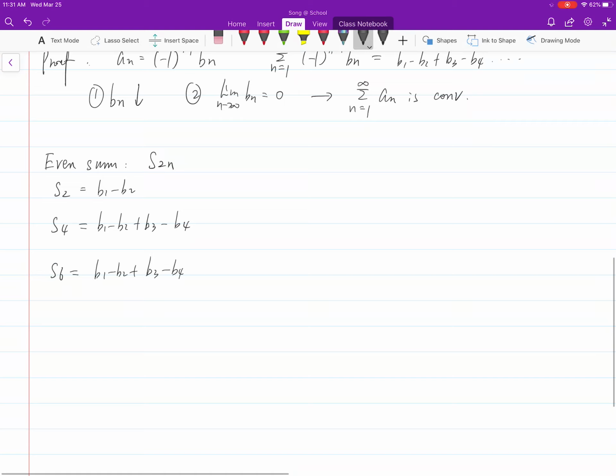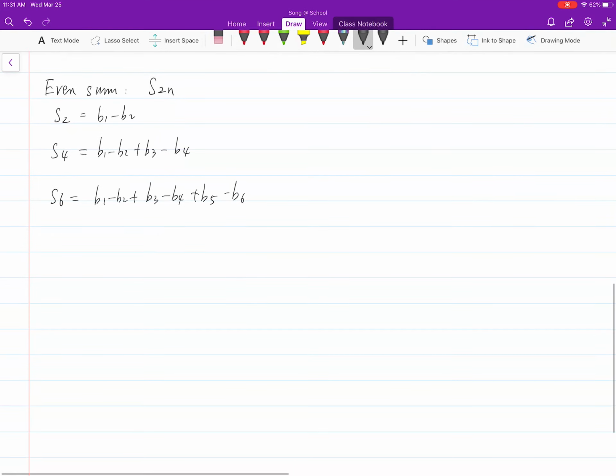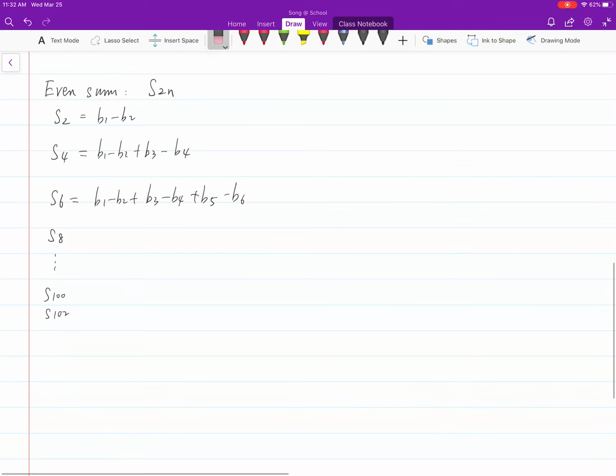So from here you can see I'm not taking the random sum for any number. I'm summing only even numbers of terms together. I will have S8, dot dot dot, S100, S102, but there are no odd sums. If that is good, you can see all these numbers keep going and define a sequence.